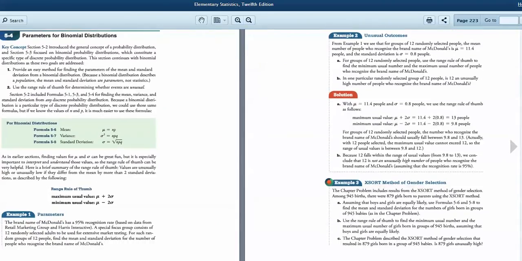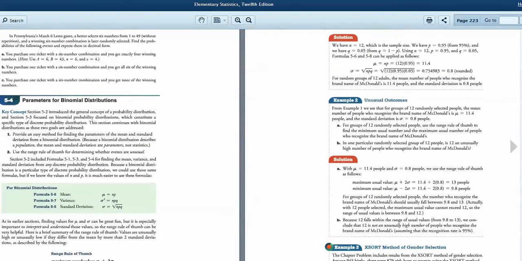The brand name of McDonald's has a 95% recognition rate based on data from Retail Marketing Group, etc. A special focus group consists of 12 randomly selected adults to be used for extensive market testing. For such random groups of 12, find the mean and standard deviation for the number of people who recognize the brand name of McDonald's.